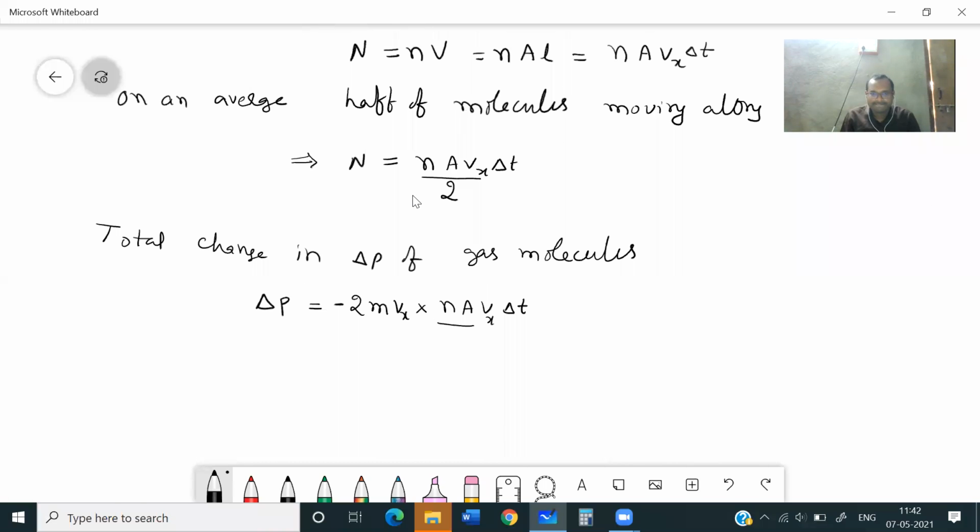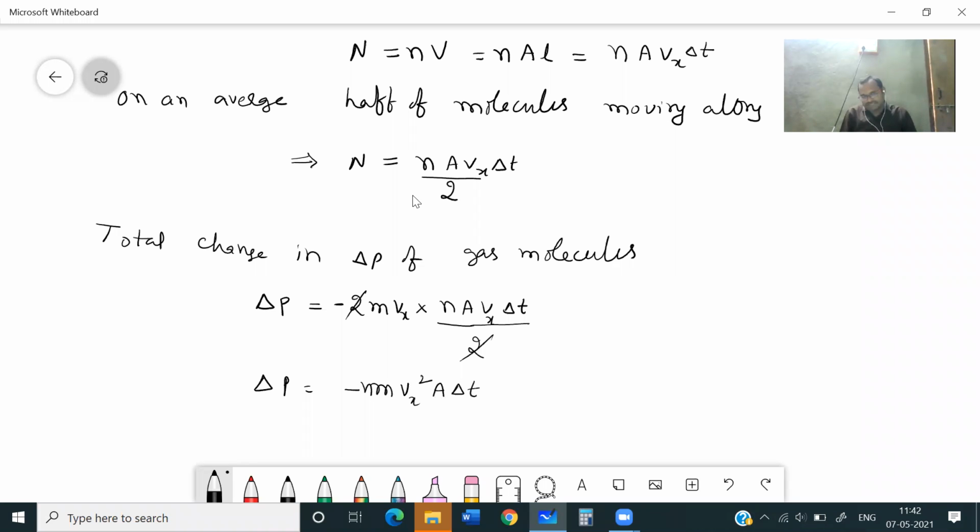Are you understanding? Okay. Total gas molecules change in momentum is one gas molecule change in momentum into number of molecules. So 2 cancels. You'll get total change in momentum is minus m Vx square A delta T into n.